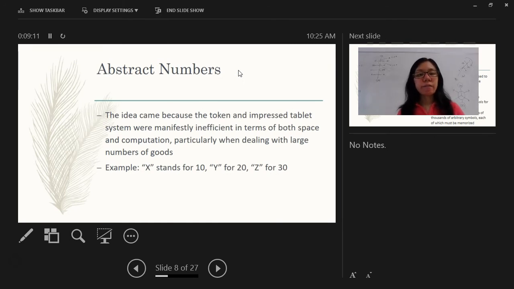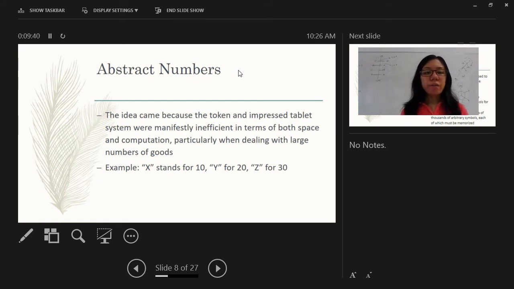After that, they developed the abstract numbers. They made the abstract numbers because the token and impressed tablet system were manifestly inefficient in terms of both space and computation, particularly when dealing with large numbers of goods. Because one token represents one item, when you have to measure 10 items, you have to use 10 tokens.